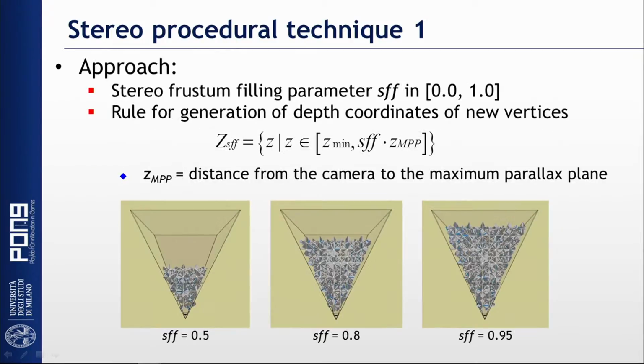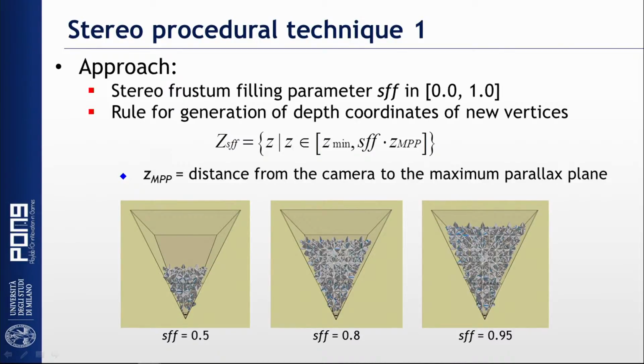So the idea is to introduce a rule like this, to decide the depth, the z coordinate of the geometry inside the stereoscopic frustum, limiting it in a set where the minimum z can be the near plane of the camera, or some other value decided by the user.